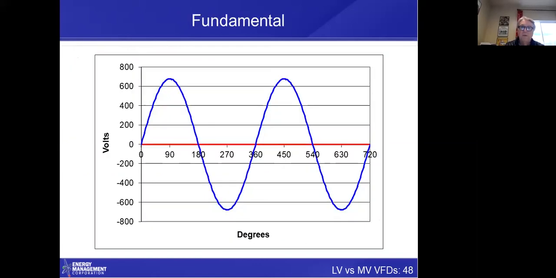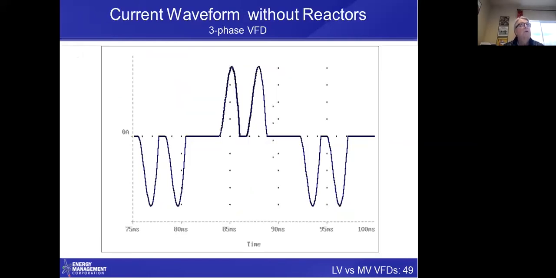How about low voltage? Well, there's a sine wave. Anytime you put a drive on there, you do not get a sine wave. You get pulses of current in to charge the capacitor on the variable frequency drive. And that's the typical waveform of a low voltage variable frequency drive. That waveform's kind of bad.